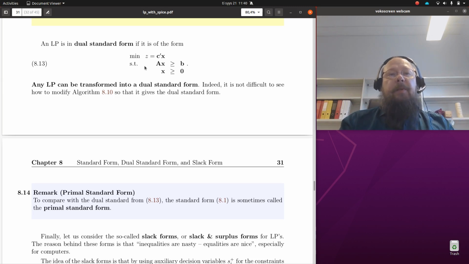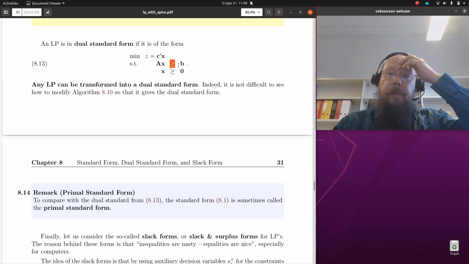So what is the difference between this dual standard form and the primal standard form? The differences are here. We are minimizing and not maximizing. And since we are minimizing, it's rather natural that we have lower bounds here, so the x's must be bigger than something. Usually if they had to be lower than something, that kind of implies that taking them to be zero is an optimal solution, which is rather boring.